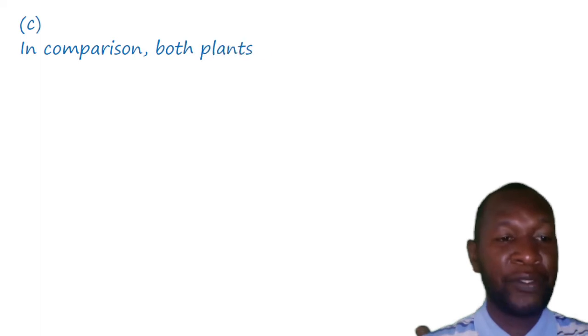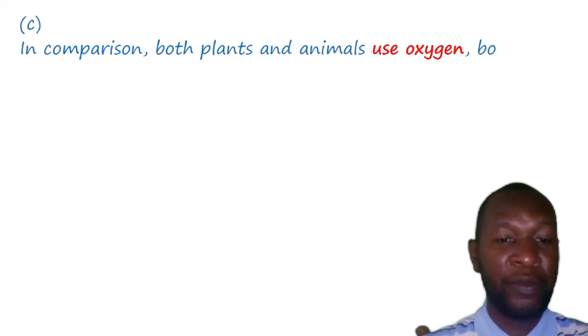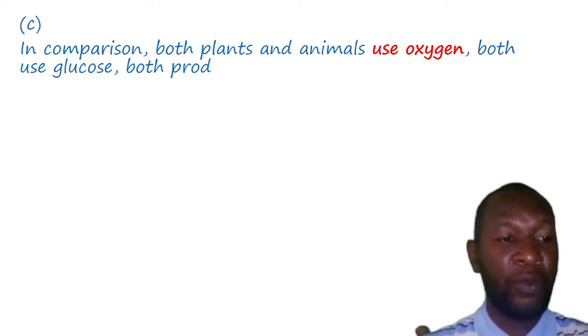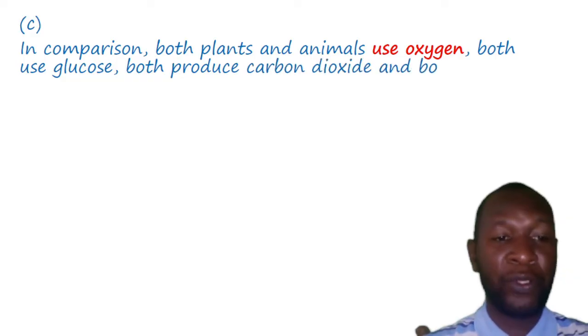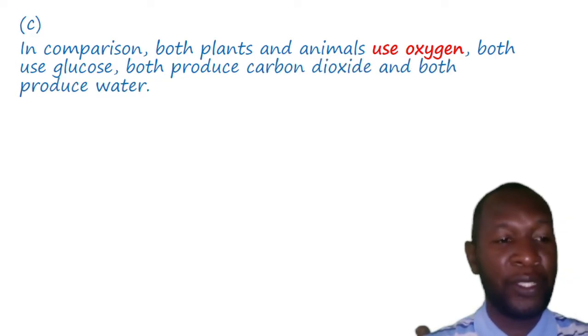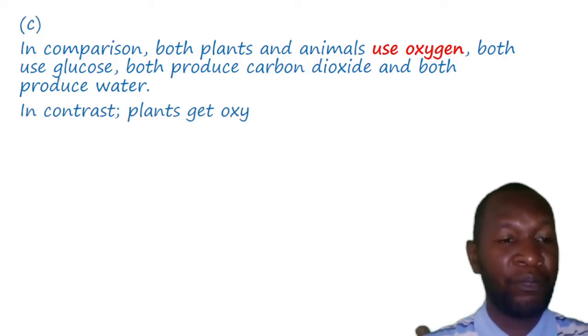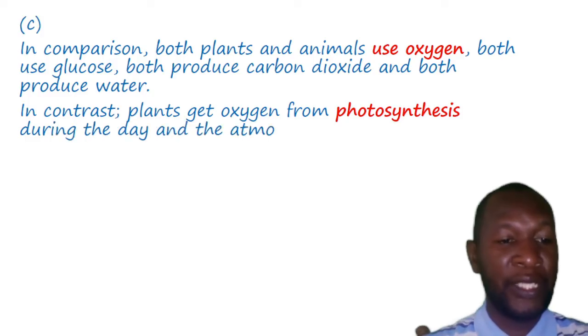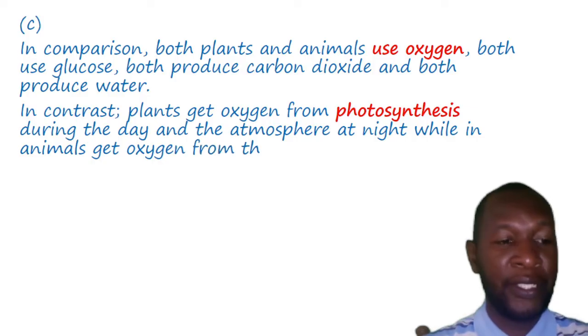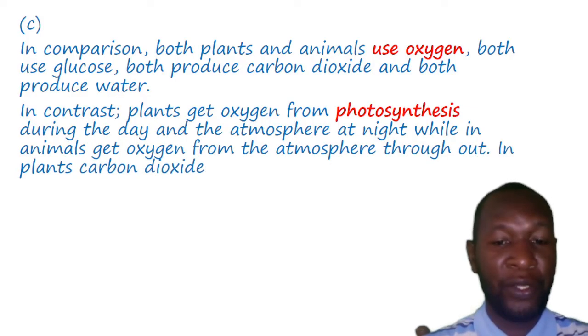Part C. In comparison, both plants and animals use oxygen, both use glucose, both produce carbon dioxide, and both produce water. In contrast, plants get oxygen from photosynthesis during the day and the atmosphere at night, while animals get oxygen from the atmosphere throughout.